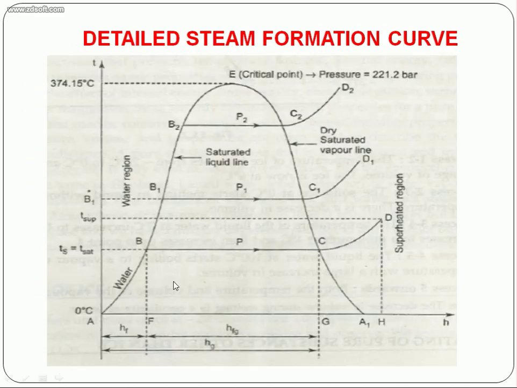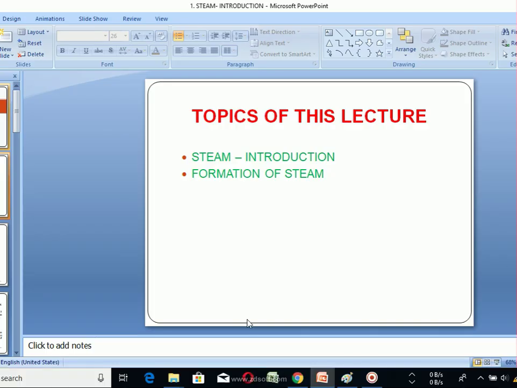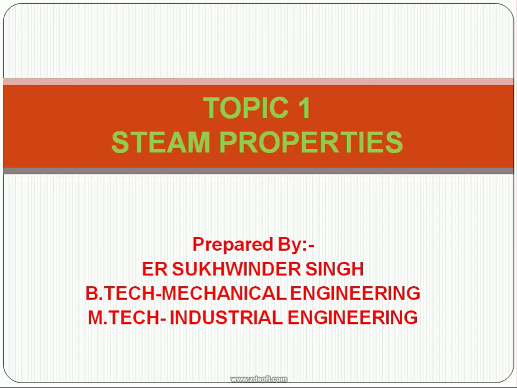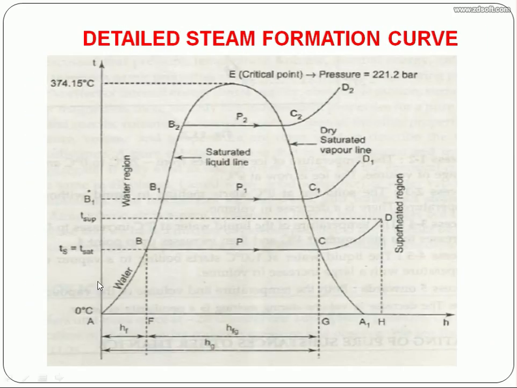This curve represents three pressures, P, P1 and P2, and the formation of all these three curves is the same. Starting from 0, for P it moves from A to B, then moves along this line, and over here it is dry steam, then it is superheated steam.